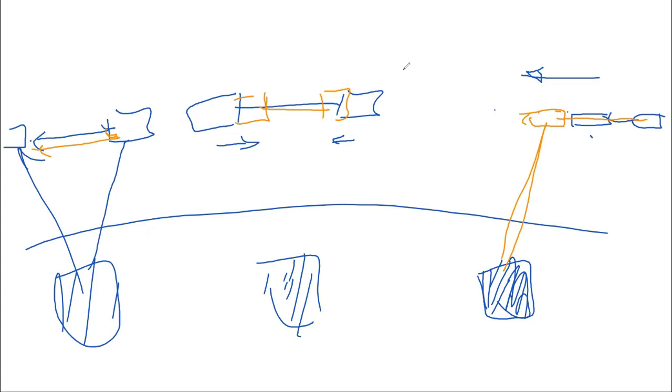So if we can measure the changes of this distance, the intersatellite range, or what we call the intersatellite range rate, we can determine the gravitational changes inside the Earth.